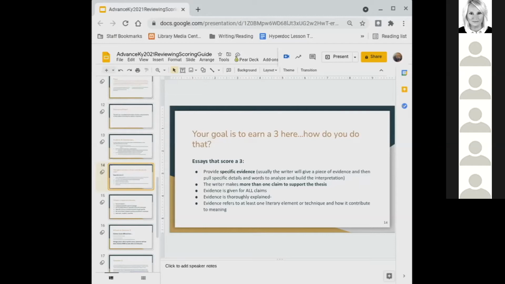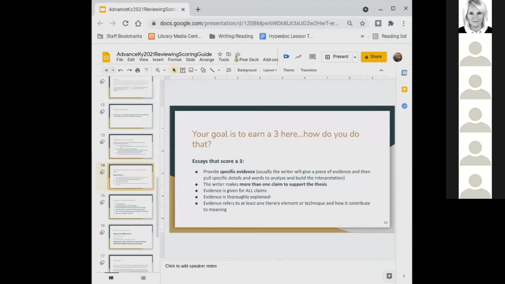Chris, by restating, and this is something Mr. Cantrell will probably talk about, when you restate, you say that a simile is important, and then you just repeat what the simile is comparing.